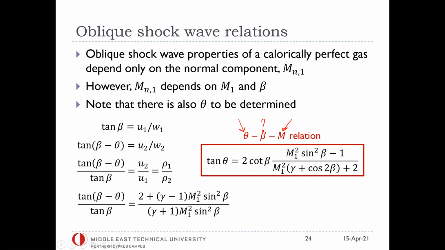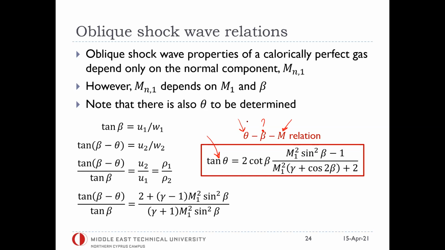Now, we did that yesterday, and we arrived at this equation, the well-known theta-beta-M relation. As we discussed yesterday, the left-hand side of this equation, the theta value, is an input. This is the deflection angle of the ramp into the supersonic flow, or if it's a wedge, the half wedge angle.